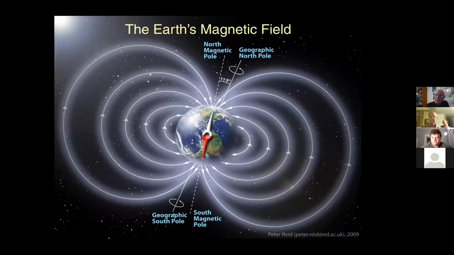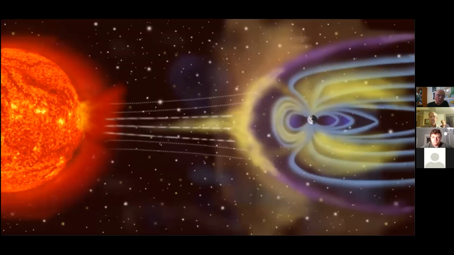Now, this is what the Earth's magnetic field would look like if it were in outer space all by itself. But that's not the situation because we have the sun nearby, and continually blowing out from the sun is a solar wind, and from time to time the flares. So this has the effect of pushing on the magnetic field and distorting it.